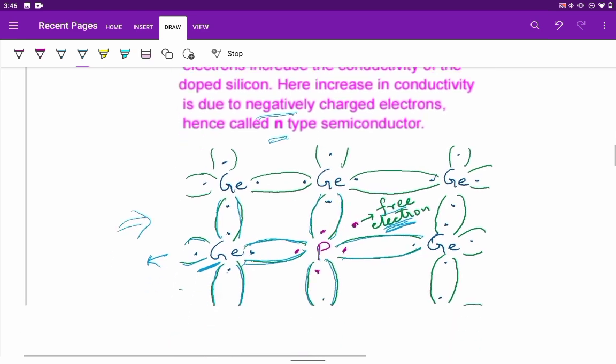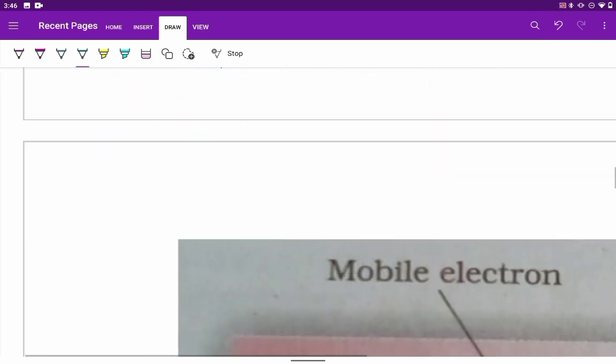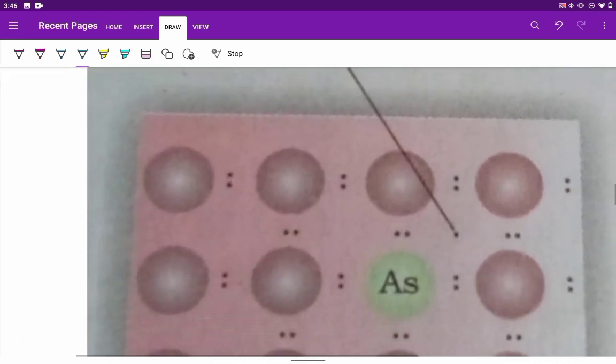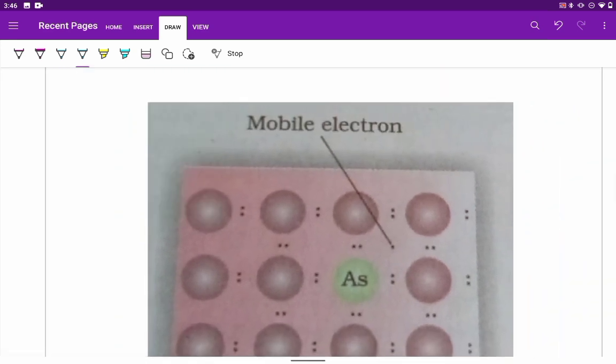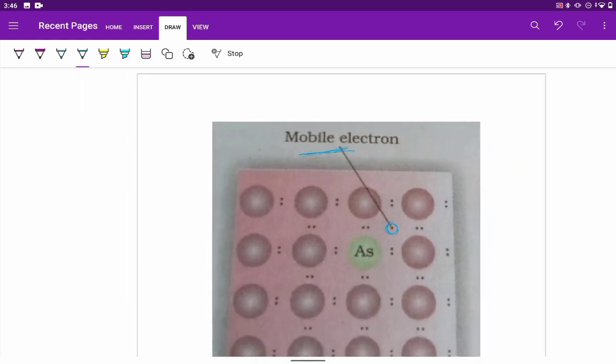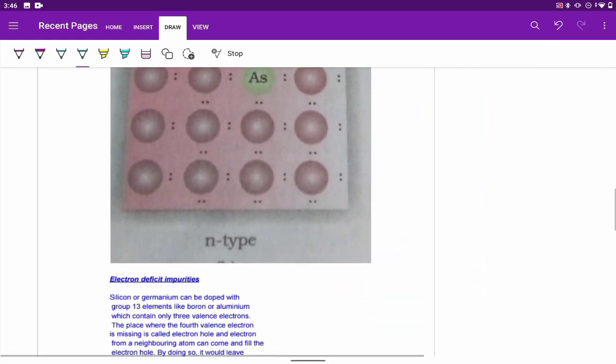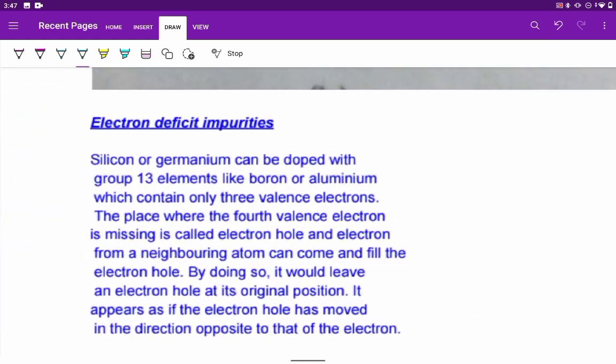So this is the doping. Here also you can see, this is the mobile electron as has been marked here. This one, mobile electron, extra electron. So this is an N-type semiconductor.